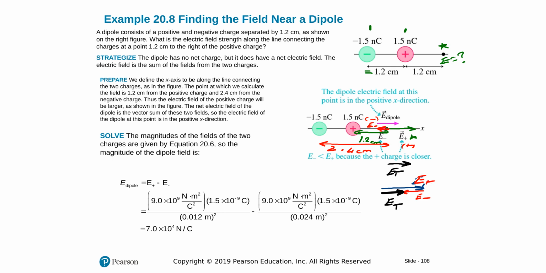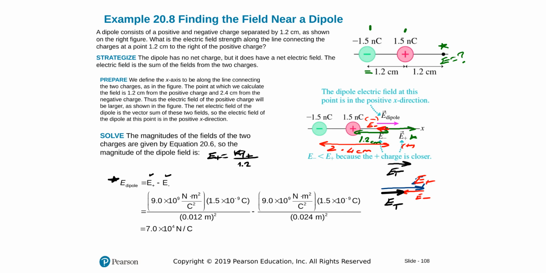It will be to the right, in the same direction as the larger vector, and here's how we just add them. We have a positive number, negative number, add them, and calculate those values, of course. Let me put this here. E plus will be K, let's call this Q plus, over 1.2. Let's convert those to meters as well, right?